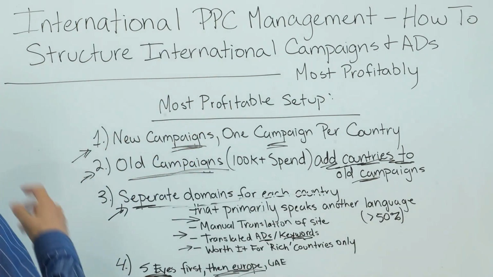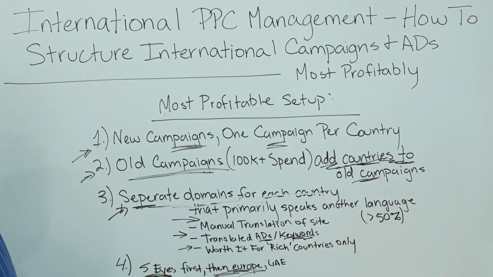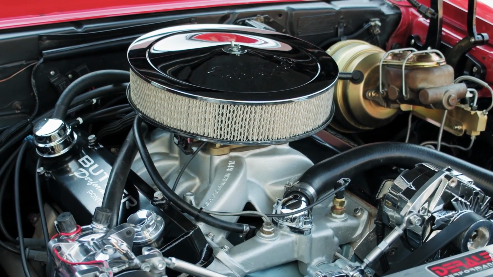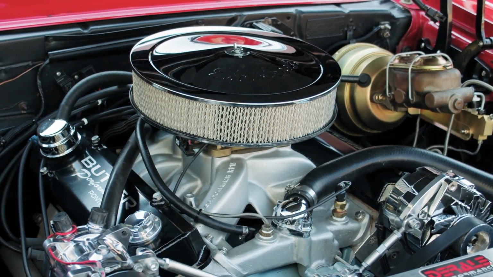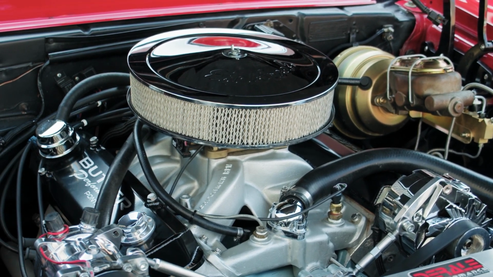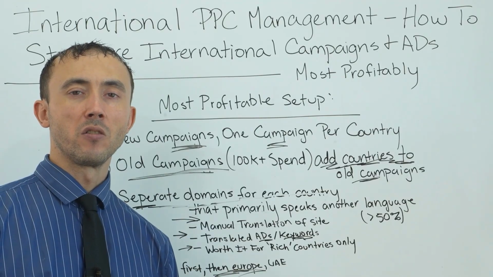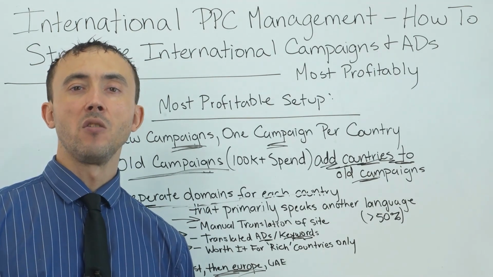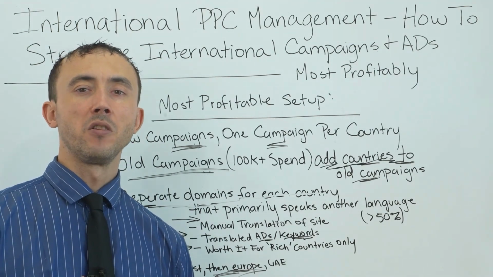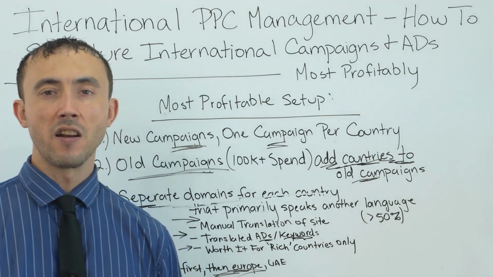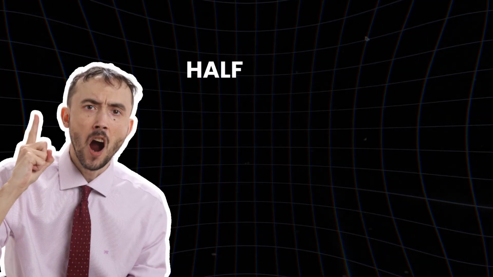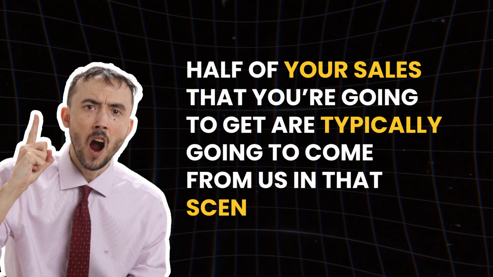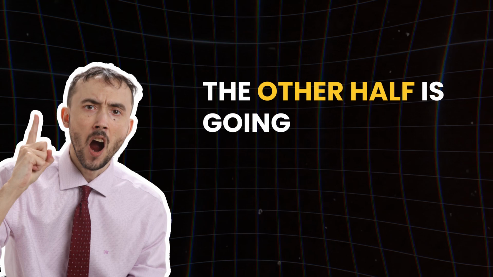Beyond that, getting back into what I was mentioning here. Now, as far as case studies go, we sold performance auto parts at a company that I also had interest in, but it was technically still a client. And we started out selling in the US like we normally do. You're always going to start in the US. You're not going to start international, because it's going to be half of your sales that you're going to get are typically going to come from the US in that scenario, and the other half is going to come from other countries.